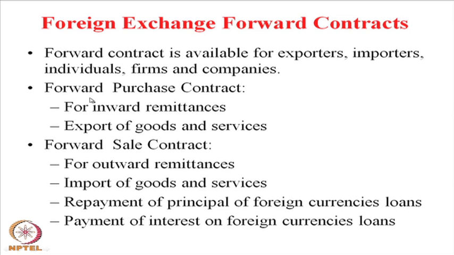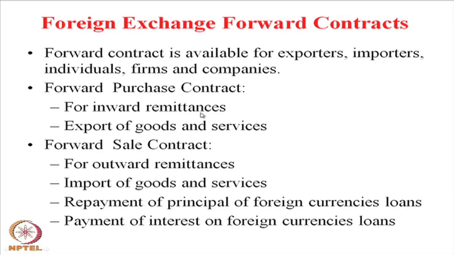The forward purchase contract is primarily applicable to inward remittances, because inward remittances means when individuals from a foreign country bring foreign currency to the domestic country. For inward remittances, the exporter or the individual can purchase a forward purchase contract.